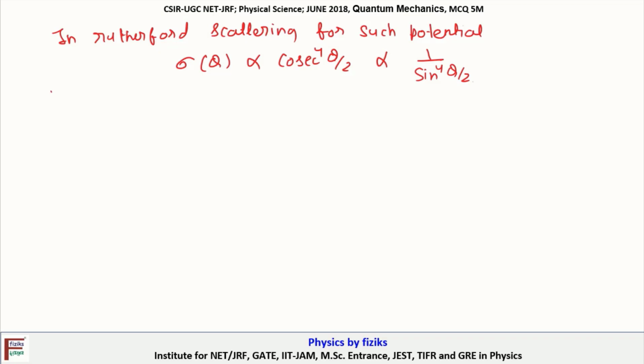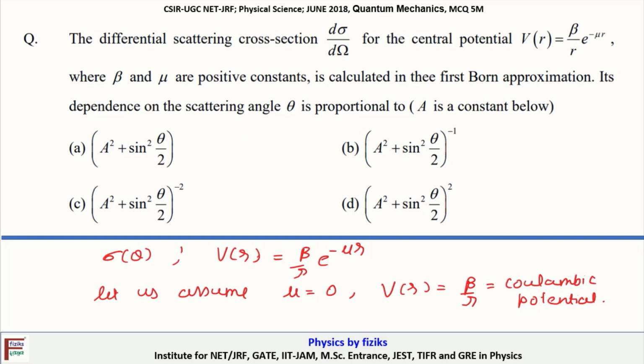So let us check the options. In which sigma theta is proportional to 1 by sin to the power 4 theta by 2. So we can directly eliminate options A and D. Yes, sigma theta is proportional to sin squared theta by 2 or sin squared theta by 4.